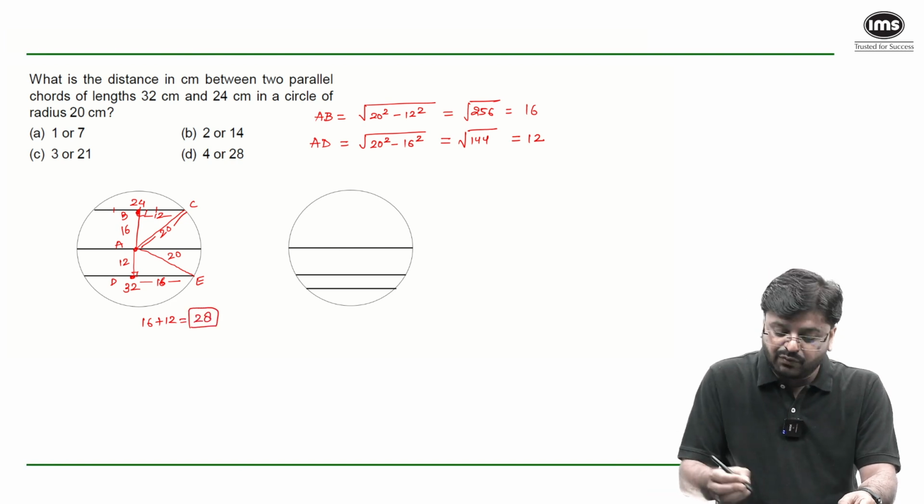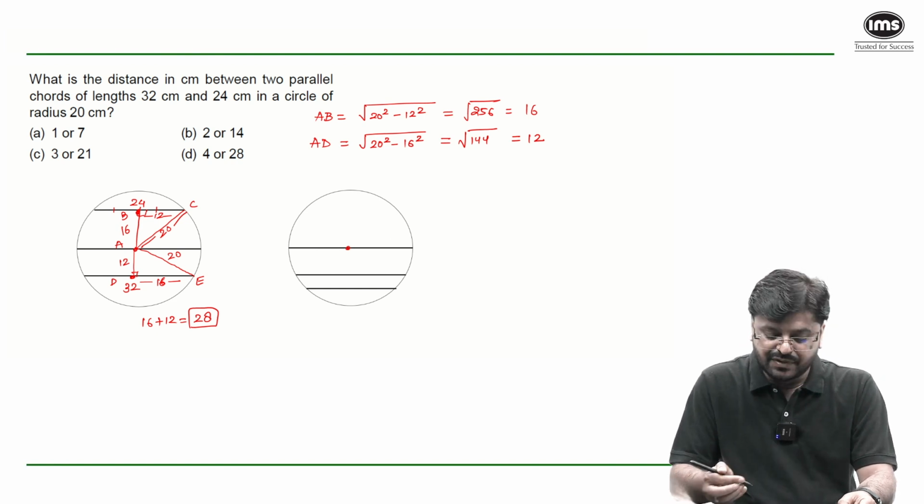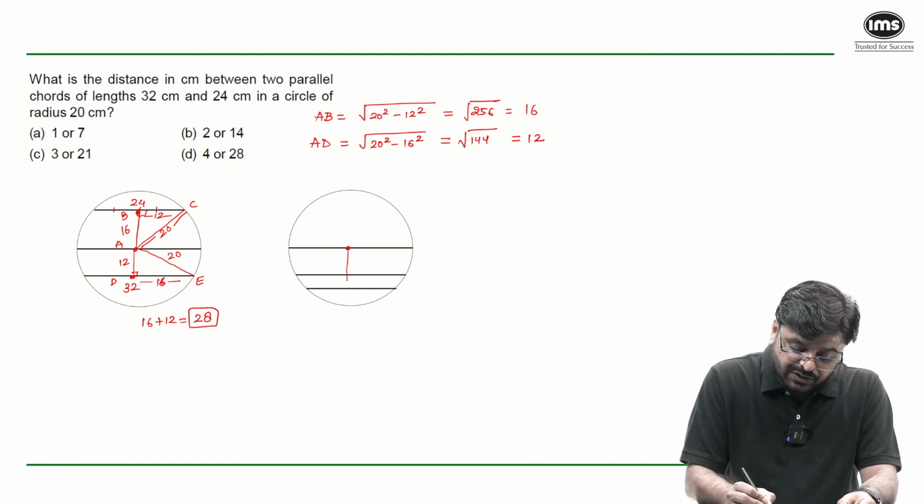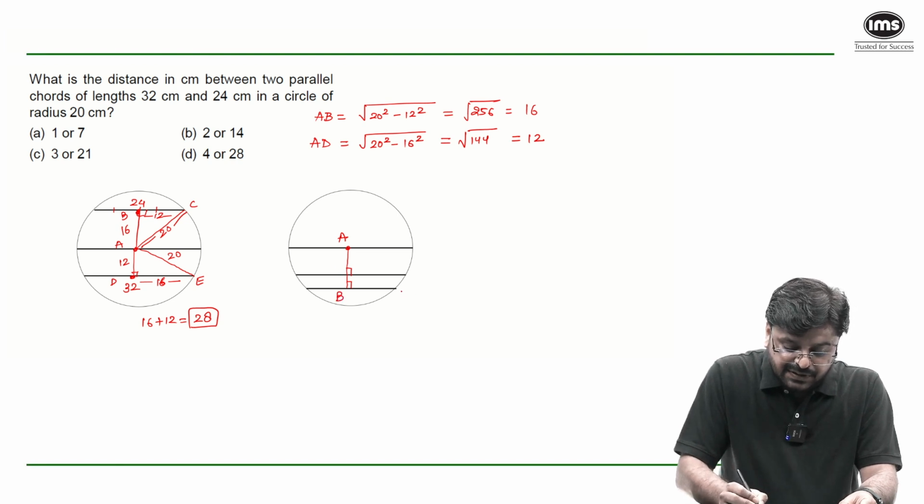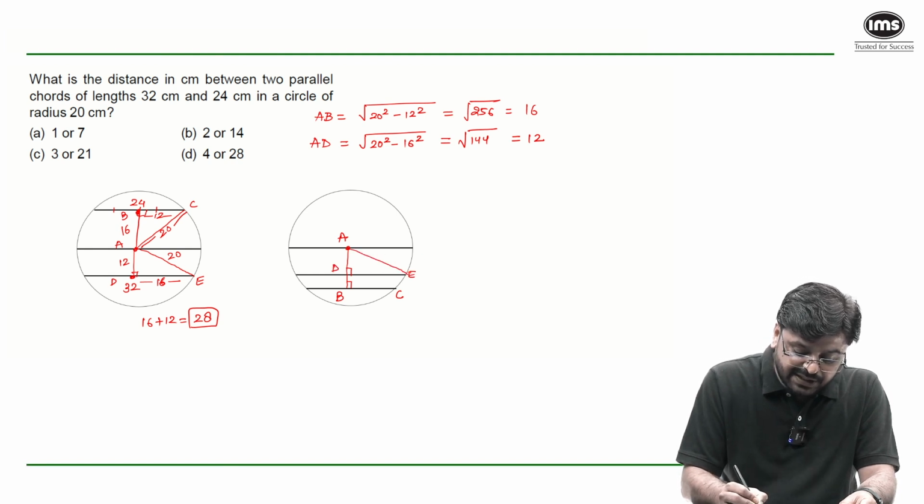Okay. What if both the chords are on the same side of the center? Then drop a perpendicular. Let's say this point is A, this is B, this is C, this is D, and E. Again, join AE and AC.